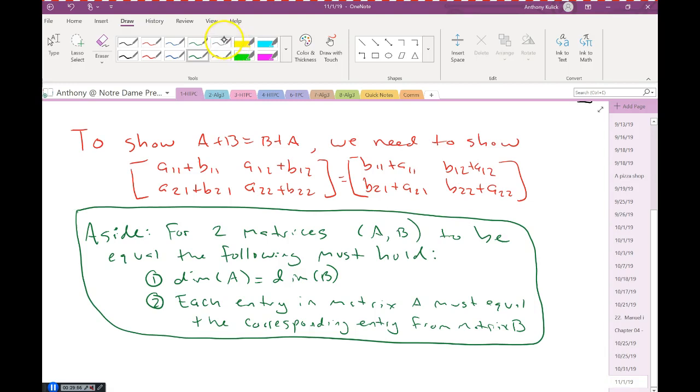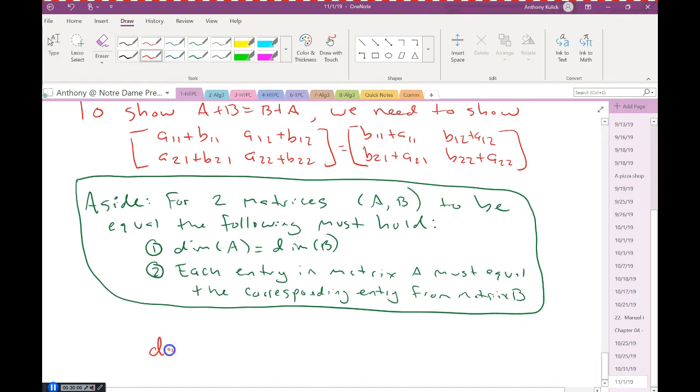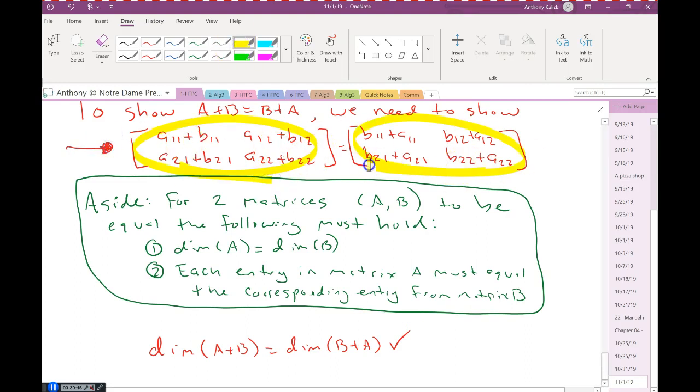So let's look above. It should be clear that the dimension of A plus B is definitely going to equal the dimension of B plus A, right? If we just look at what we have here, this was A plus B and this was B plus A. They definitely have the same dimension, right? We have that part.